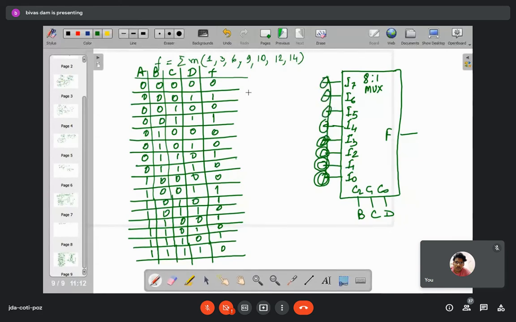So I have to go for another truth table where the inputs are B, C, D, and the output is FA.